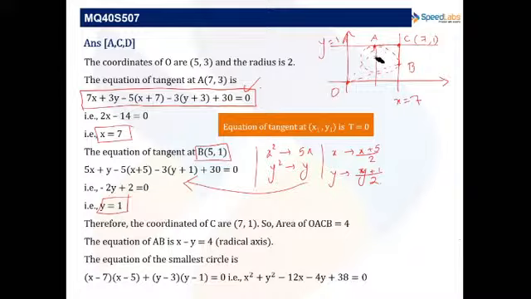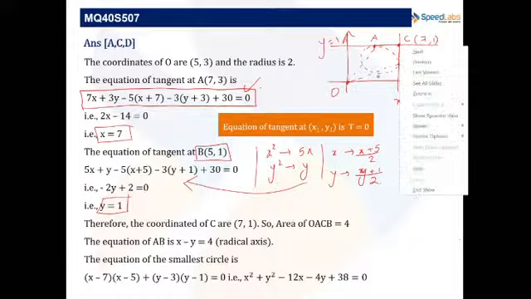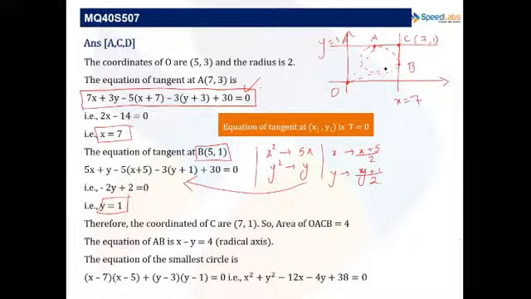Sorry, we have A at (7, 3) and B is (5, 1).